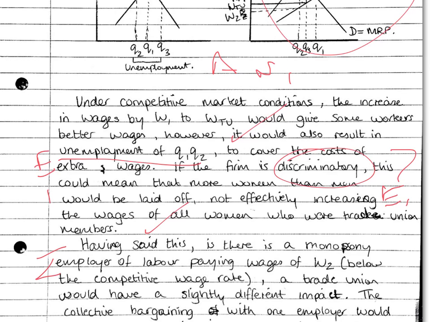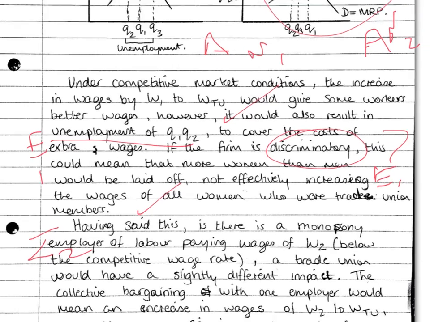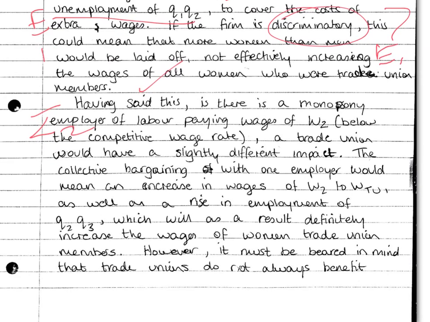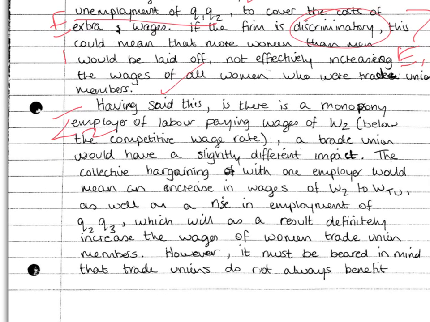So really I think this is your second issue, the impact on monopsony. Again, you've got the analysis here. So again, what we're doing is raising wages, and there's a significantly different impact, so again that's a form of evaluation there.